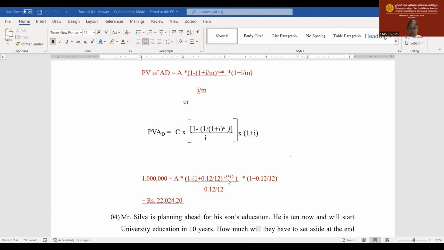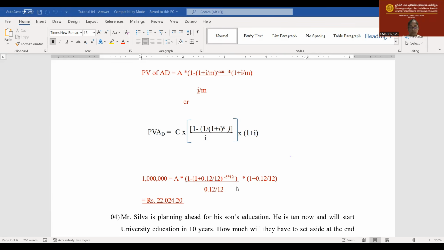Multiplied by 1 plus 0.12 divided by 12, that means 0.01, add 1.